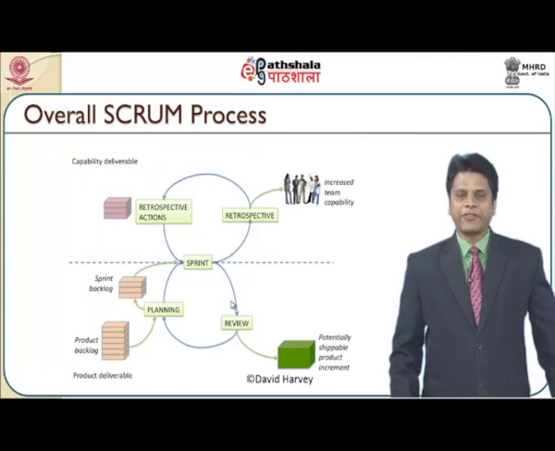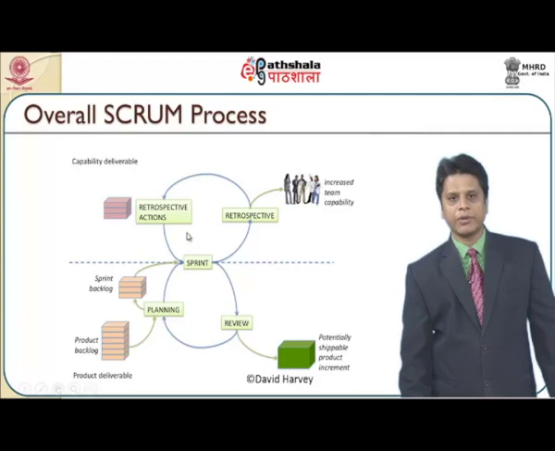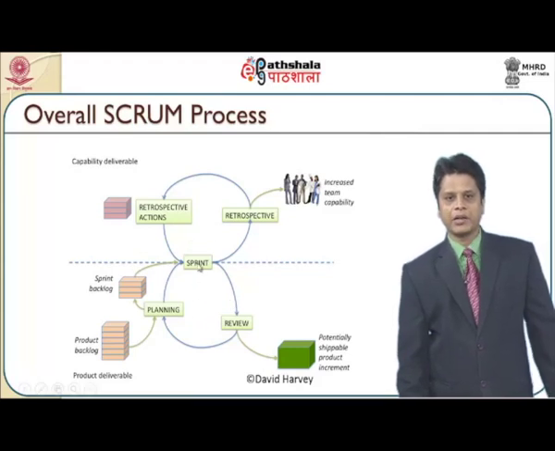So to give a finishing touch, the overall Scrum process will be something like this, where initially I will be getting the product backlog, which is given for planning, then will be converted as sprint backlog, which will be the input to the sprints. Once every sprint is complete, it will be taken for review, then it is considered for potentially shippable product towards increment.